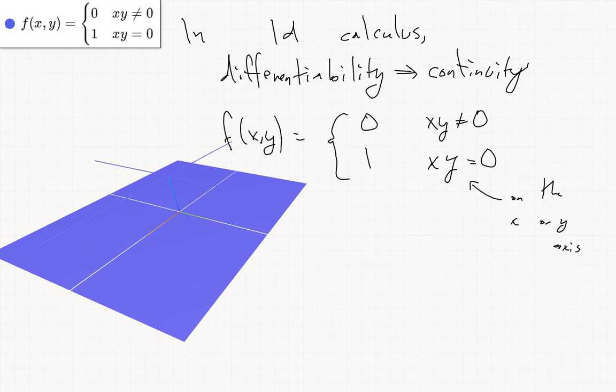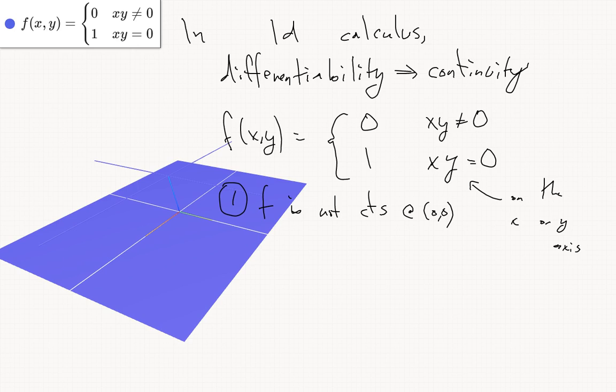Now, let's observe a few things. So f is definitely not continuous at 0, 0.